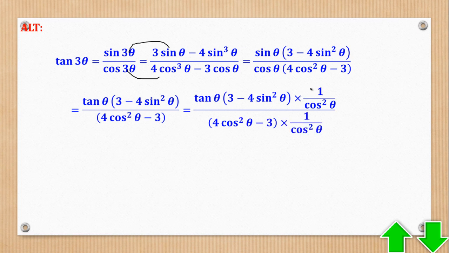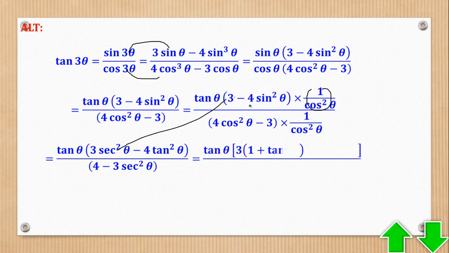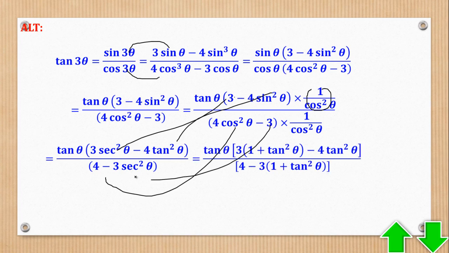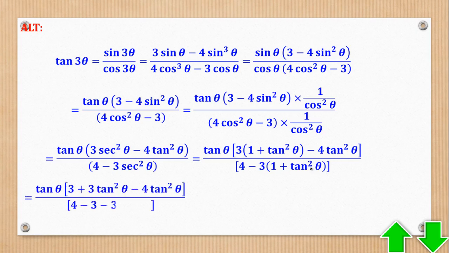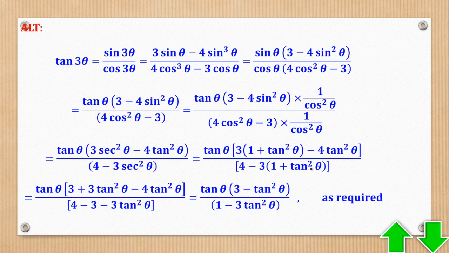Then multiply up and down by 1 over cos squared theta so that this becomes sec and this becomes tan. This becomes 1 and this goes away. This becomes sec. Then you remember that sec squared theta can be expressed in terms of tan, like that. So it may be a little long, but you'll still get the same proof which they want.